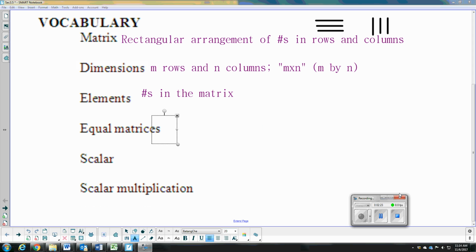If you have equal matrices, that means the dimensions are the same. So corresponding elements in corresponding positions are equal.